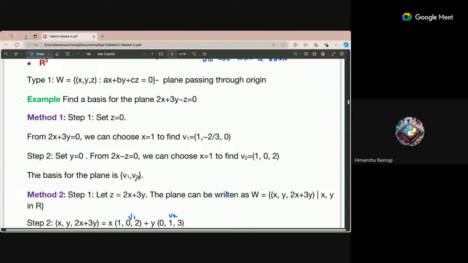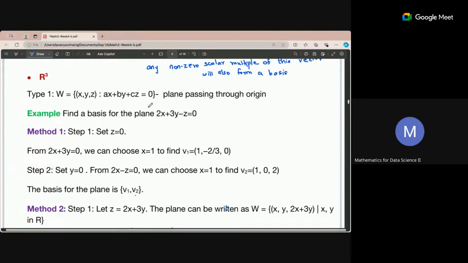In 3D, it is like we are choosing a point in 3D space and trying to see a plane. We are just trying to find two linearly independent vectors from this plane. Here your z coordinate is 0, here your y coordinate is 0, so they are going to be linearly independent. That's all.